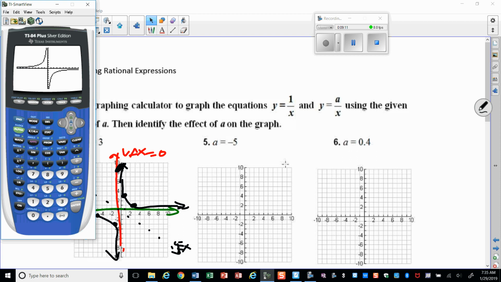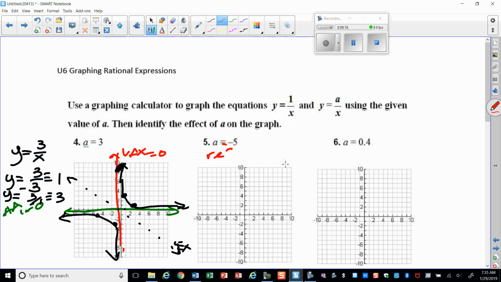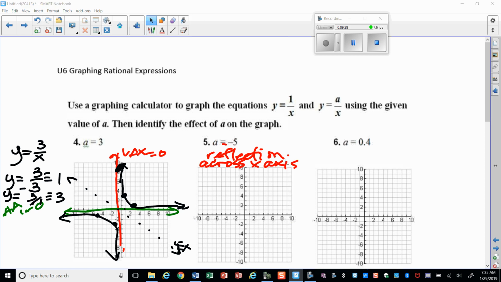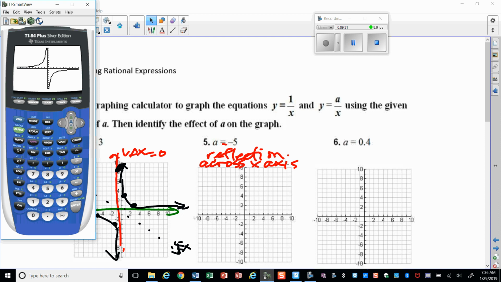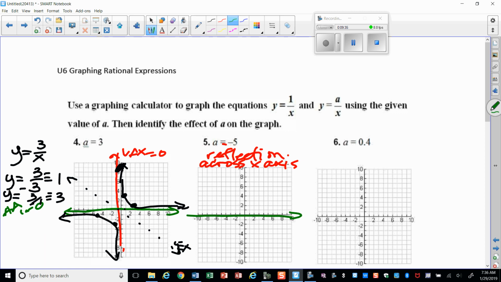Okay, just like all our other transformations, all our other functions, that negative in front is going to make it be a reflection across the x-axis. All right, but notice we still have the same vertical and horizontal asymptotes. The horizontal asymptote is still y equals 0. My vertical is x equals 0.